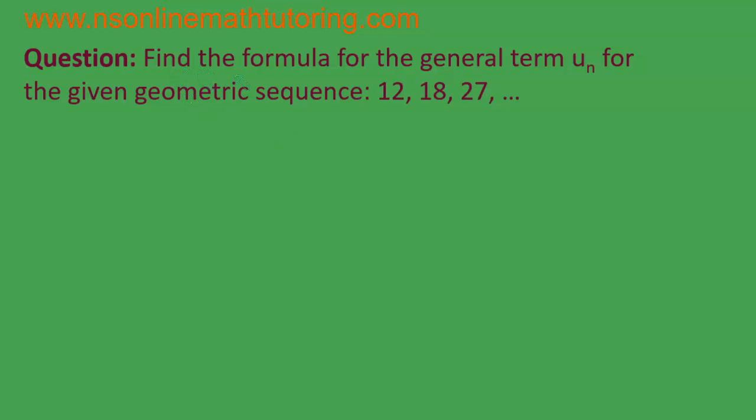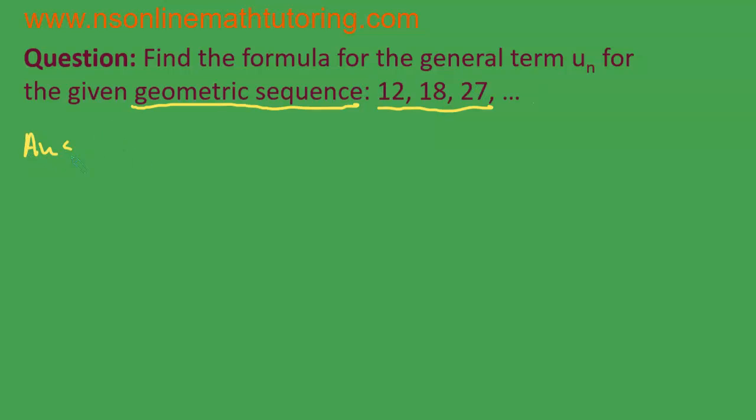First question, find the formula for the general term u(n) for the given geometric sequence. They have mentioned this sequence as a geometric sequence, hence it should be having a common ratio. So we have to first of all find the common ratio for this sequence. It is an infinite sequence.